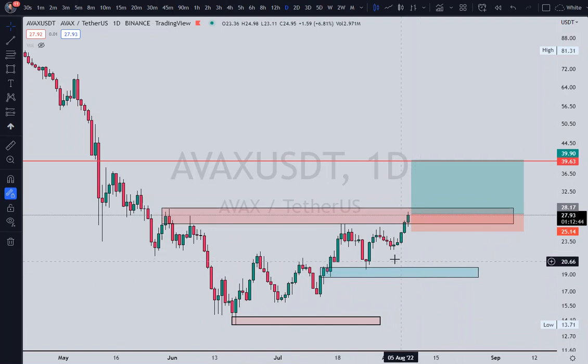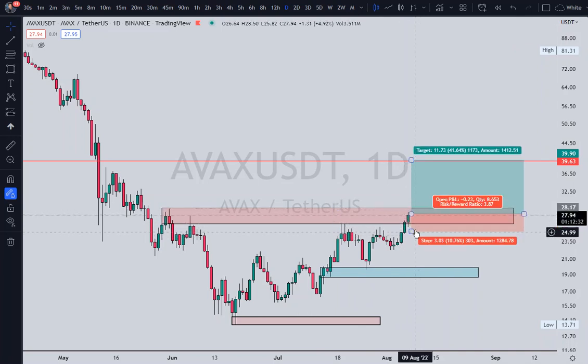But since the price broke these highs to higher levels, if you want to take a risk, you can enter this trade with a 10% stop loss and a 40% target, and it can give you a risk reward of almost 4, which is good actually. If the setup plays well, it's a good setup.